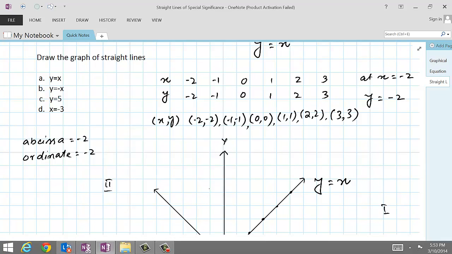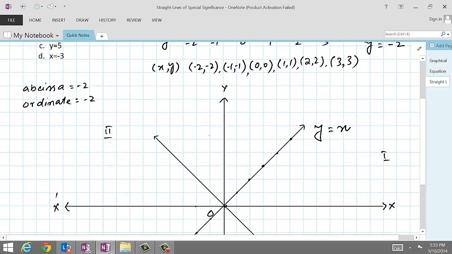These lines also have special significance because y is equal to 5 is a line parallel to the x-axis. In fact, any line y is equal to k, where the x variable is absent in the equation, is parallel to the x-axis. And y is equal to 5 means that this line is parallel to the x-axis, 5 units above it, because here 1, 2, 3, 4, 5.